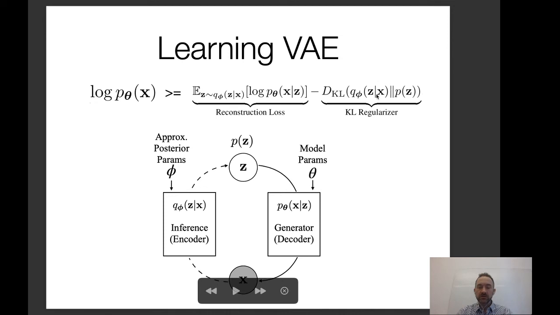This is actually reasonably simple to calculate if you are assuming that the prior is a Gaussian variable, and you assume, for example, the inference network also predicts a Gaussian distribution over the output given the input. For the reconstruction loss we're sampling, so we can calculate the probability of this p theta.